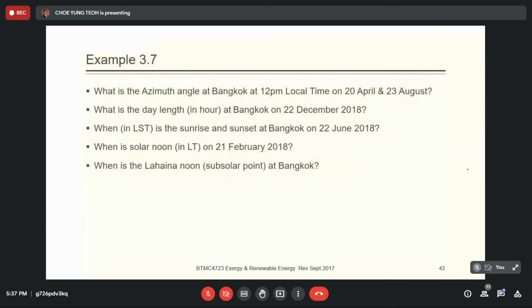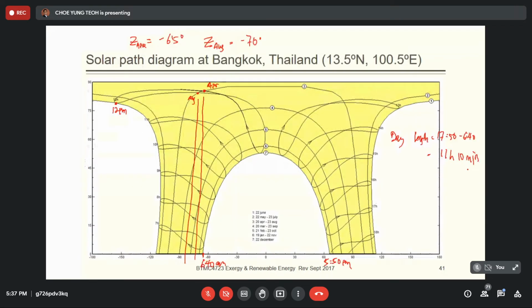Then move to the next one, number 3. When is the sunrise and sunset at Bangkok on 22nd of June? 22nd of June is line 1. Okay, line 1. So sunrise is at this point. Okay, you can see that negative value should be sunrise.